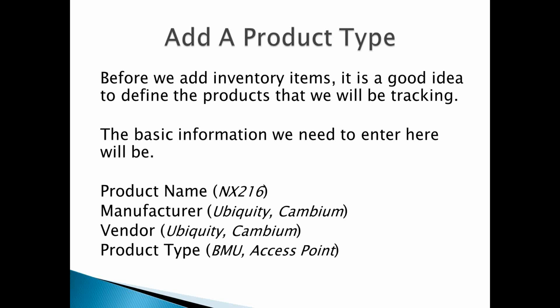So we do have an item already defined in here. And then if we wanted to see what that item was, so I believe we called it UBNTAP, that doesn't tell me who we bought it from, who the manufacturer was, what type of device that is.